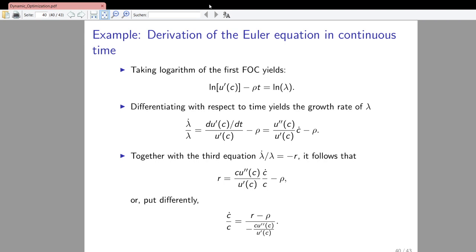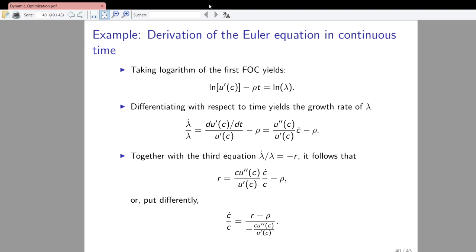In principle, that wouldn't be a problem because we could also address the solution of the system in the state co-state space from a mathematical point of view, and we could do all the analysis that we want to do. However, from an economic interpretation, we are used to thinking in terms of the control variable consumption and the state variable assets.